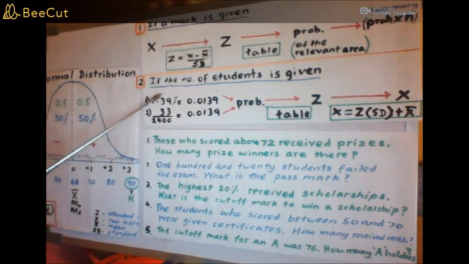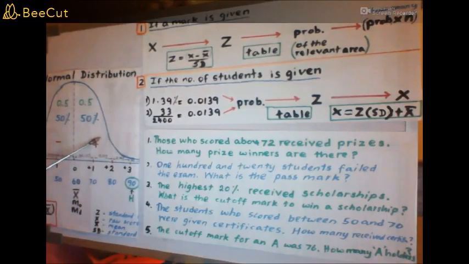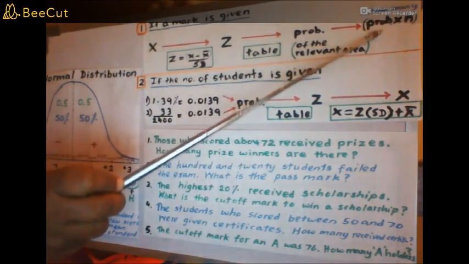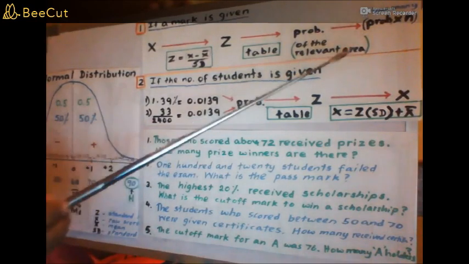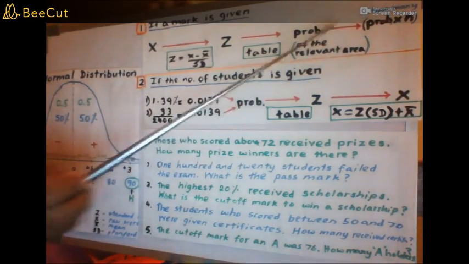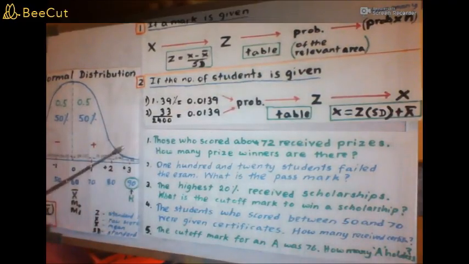There are two paths or routes. One is, if a mark is given, they are asking for the number of students. How many got A passes? How many failed? How many got credit passes? Like that. That's route number one.